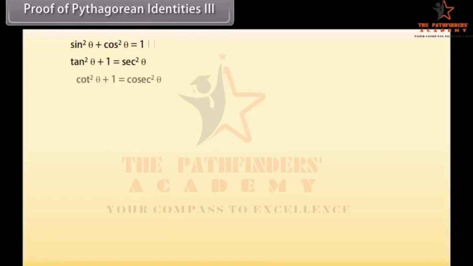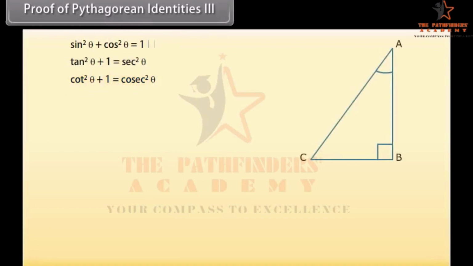Proof of Pythagorean identities 3. The last identity is cot square theta plus 1 is equal to cosec square theta. To prove this, we will again take a right triangle ABC. By Pythagoras' theorem, AB square plus BC square is equal to AC square.